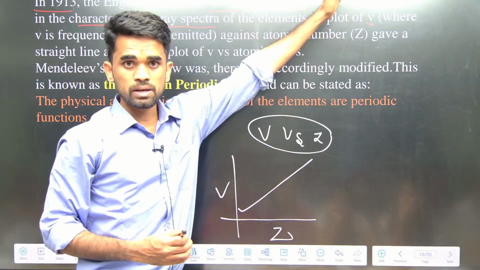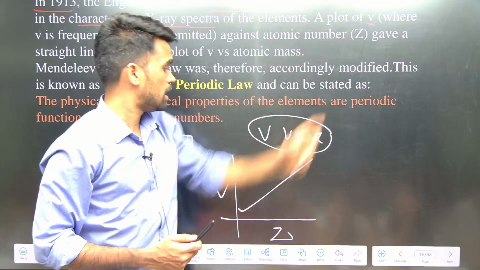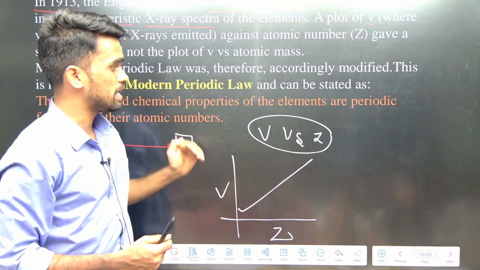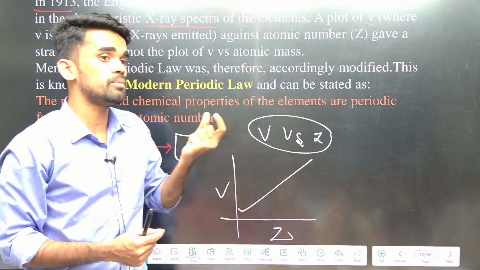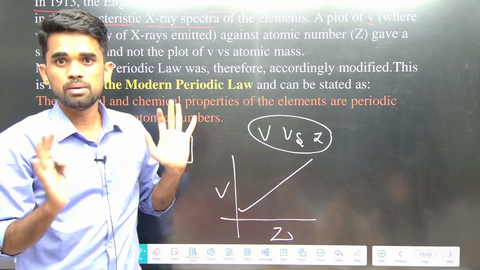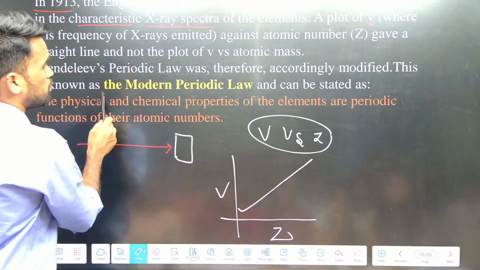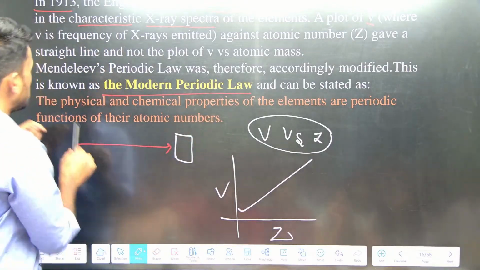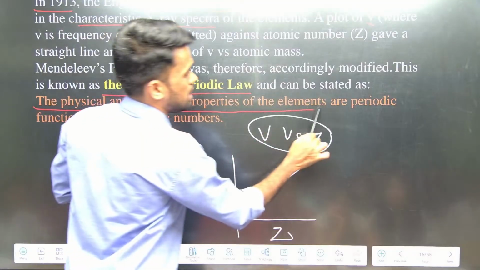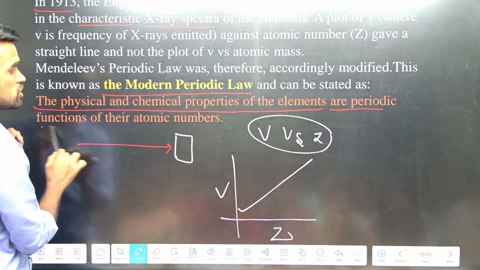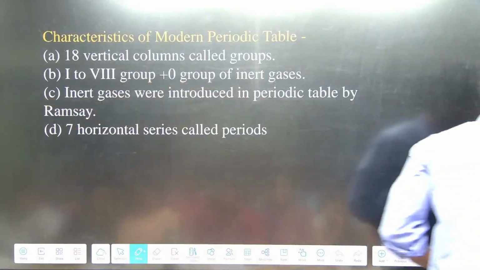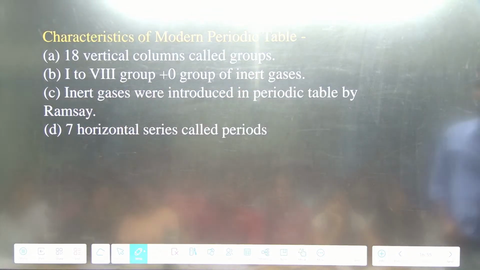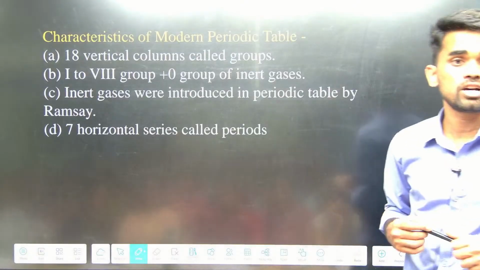Based on this observation, the fundamental thing to consider is atomic number, not atomic mass. The modern periodic law states that the physical and chemical properties of elements are periodic functions of their atomic numbers. Previously it was atomic weight, now it is atomic number.